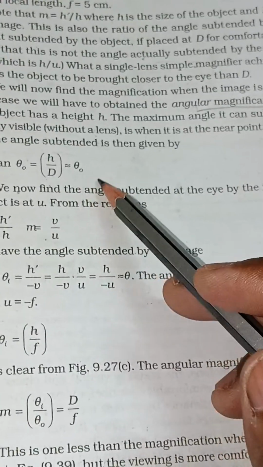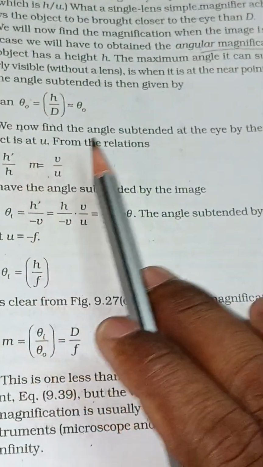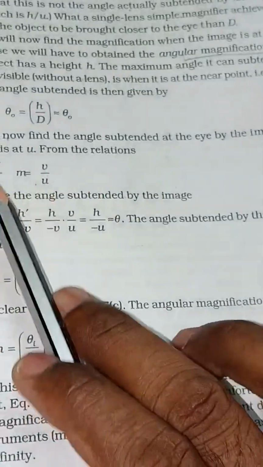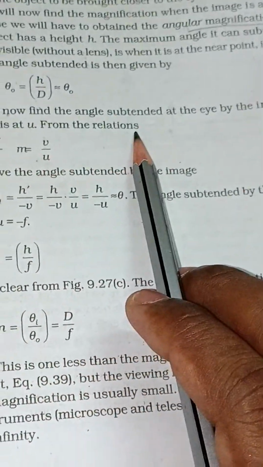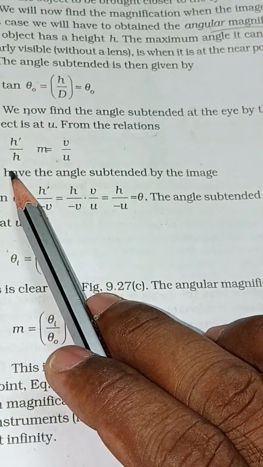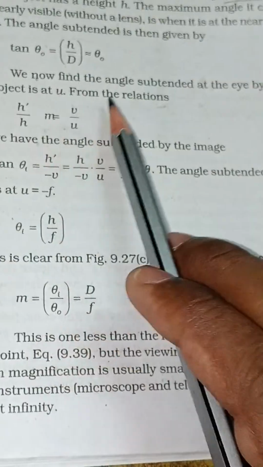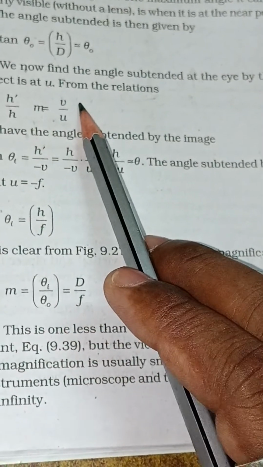Similar to theta 0. Now find the angle subtended at the eye by the image when the object is at u, from the relation h dash upon h is equal to m equal to v by u.